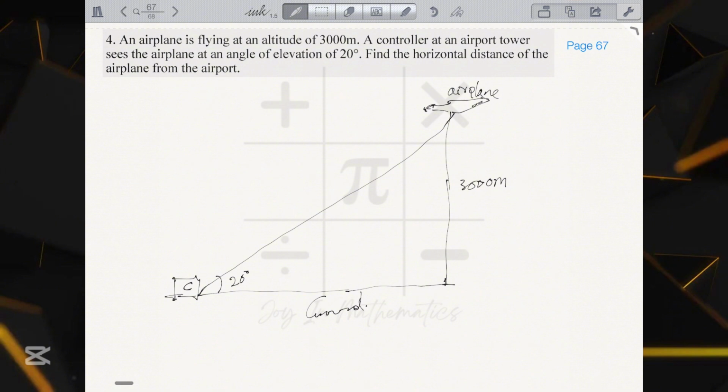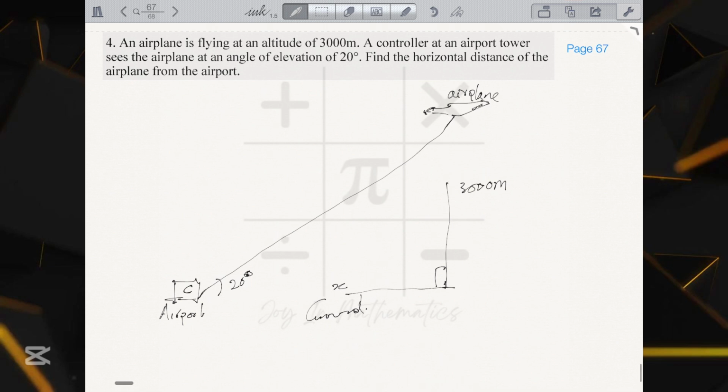And now we are asked to find the horizontal distance of the airplane from the airport. So this is the airport, the horizontal distance x. Remember, we are solving using right angle triangle principles. So with respect to that, we can easily find the horizontal distance.